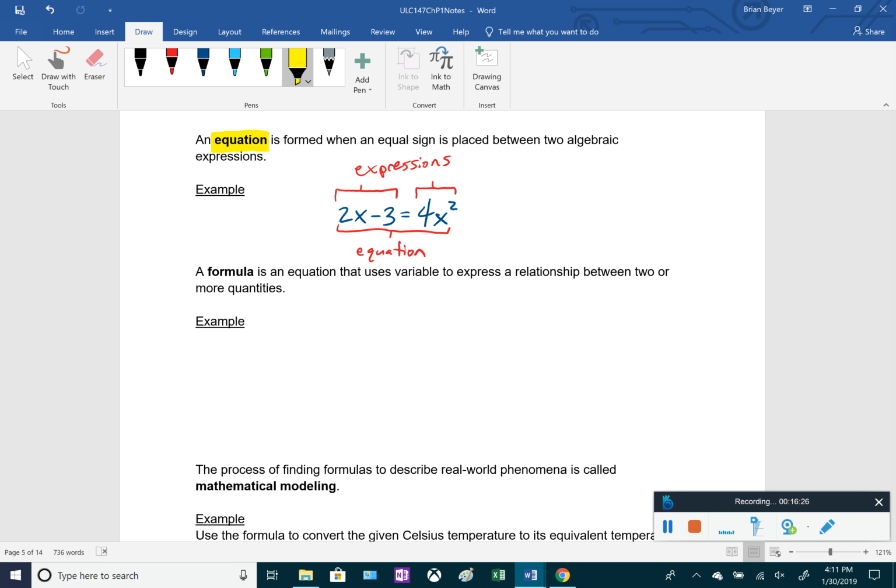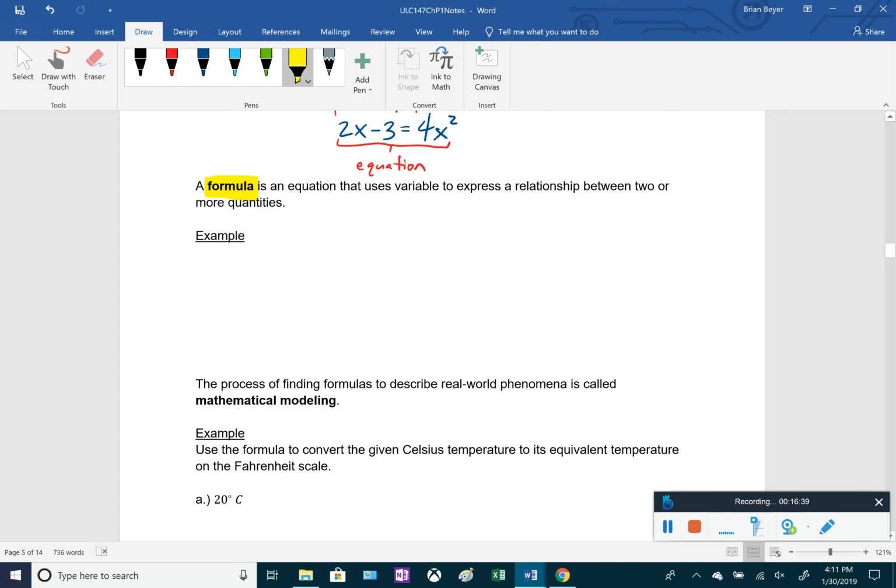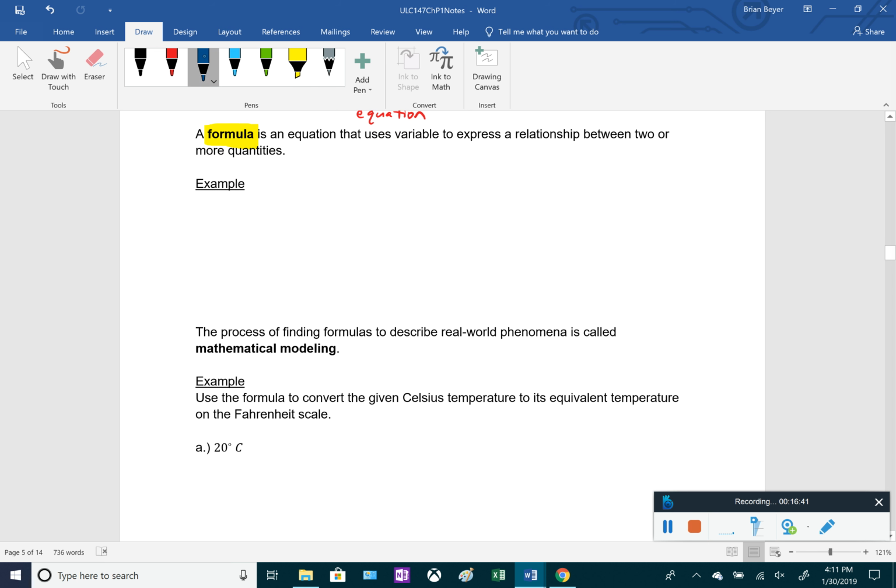Okay, and then the next thing here is the definition of a formula. A formula is an equation that uses variables to represent a relationship between two or more quantities. An example of this is f equals 9/5 times c plus 32.